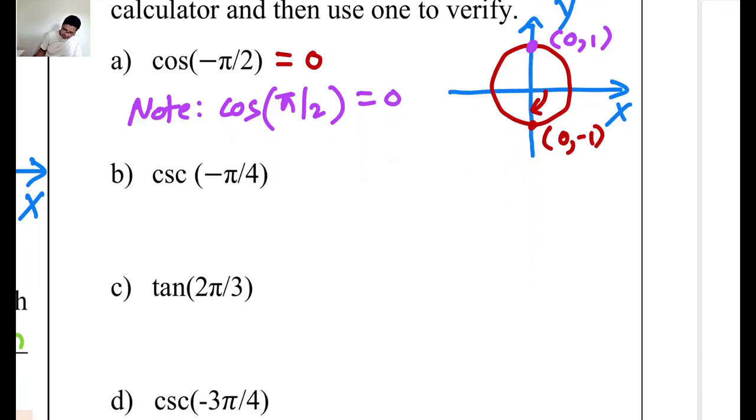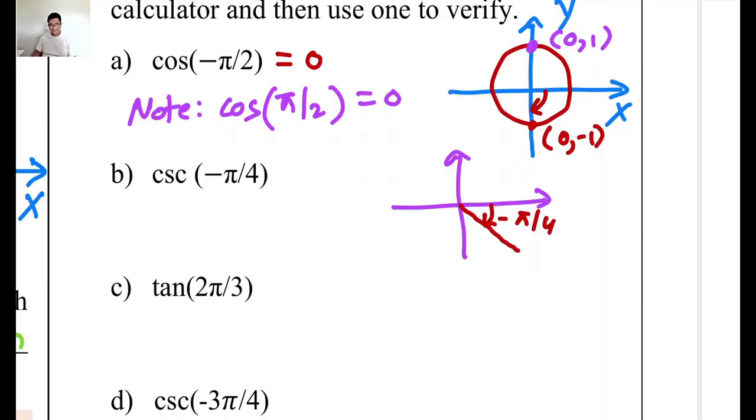Cosec negative pi over 4. So again, let us talk about the unit circle. But this time let me just draw the angle. That would be negative pi over 4 in the clockwise sense, right?